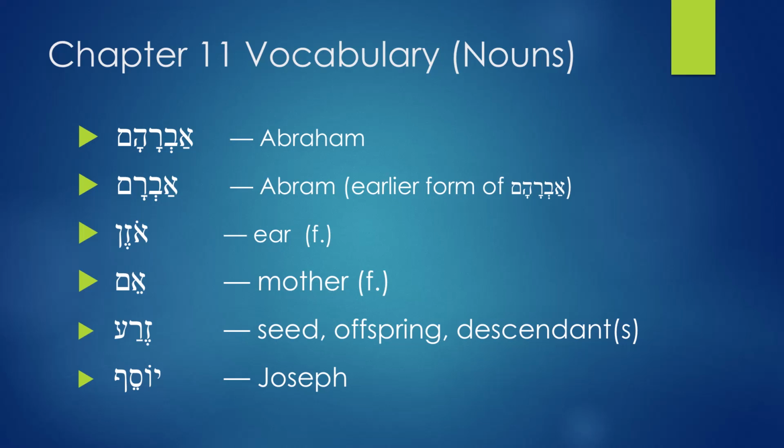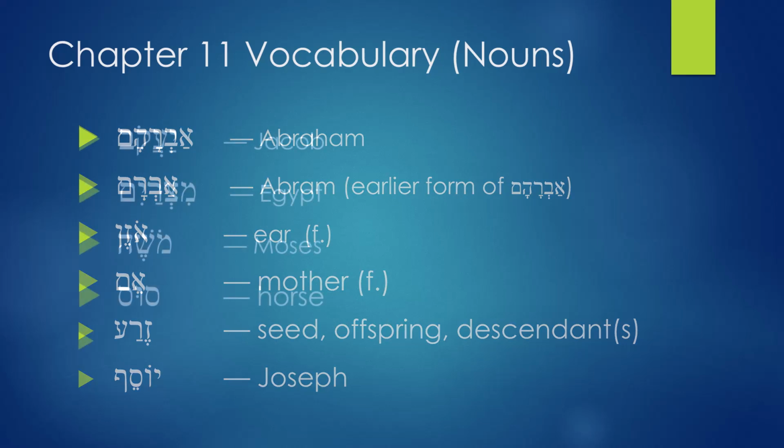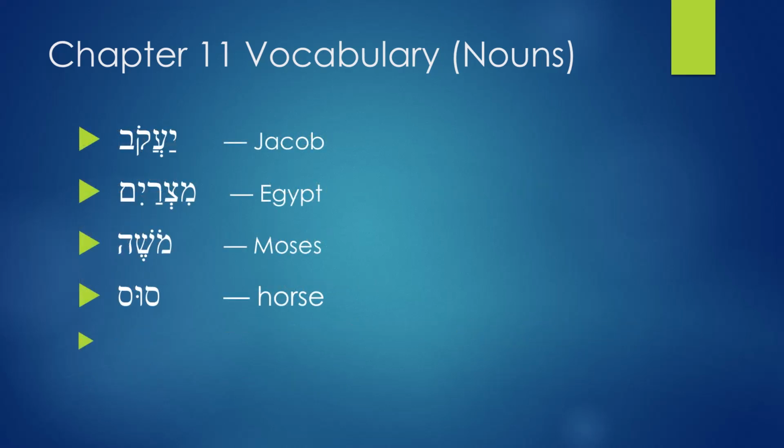Next we have Zerah. Zerah means seed, offspring or descendant. Next we have Yosef. Yosef means Joseph. Next we have Yaakov.